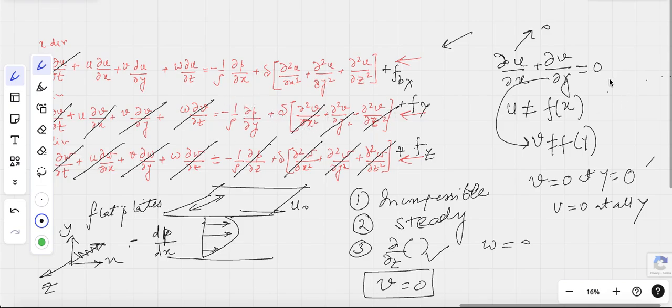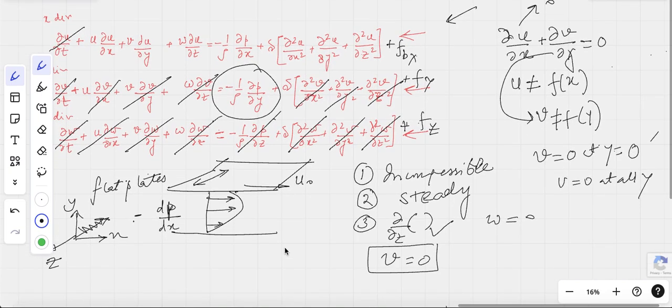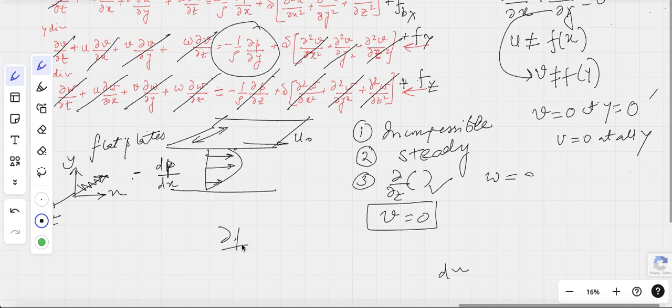Now from here dp by dy equals 0, which means p is not a function of y. p is a function of x only, right?